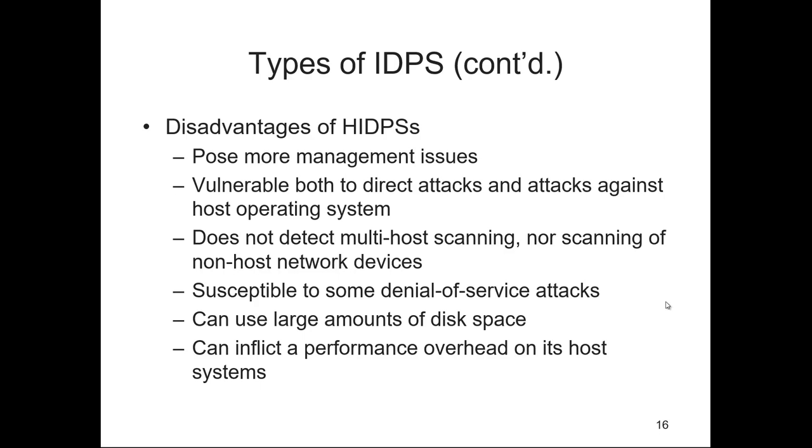The host IDS can inflict performance overhead on its host systems, and in some cases it may reduce system performance below acceptable levels, and it can slow down the machine drastically. So we need to make sure that the machine has the capacity and capability, the RAM and the processing capabilities, to keep the system optimized and the performance up to the required level.